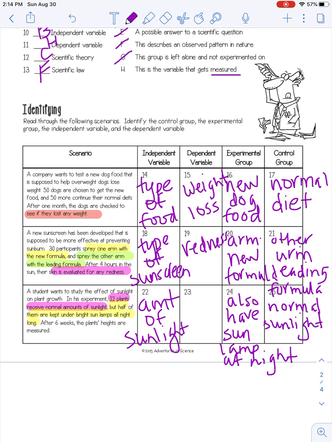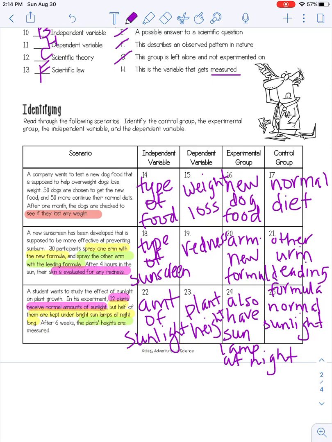Okay, so what is it that they are going to measure? They're going to measure the plant's height. So do the plants grow taller when they are also exposed to additional light at night through the sun lamp? That's the experiment. So for the control, we have to have the same type of plant, the same plant size, and the same height right from the beginning.